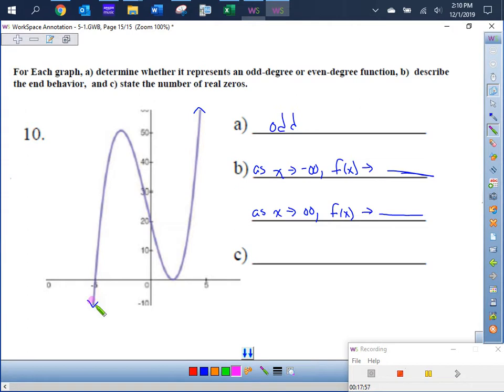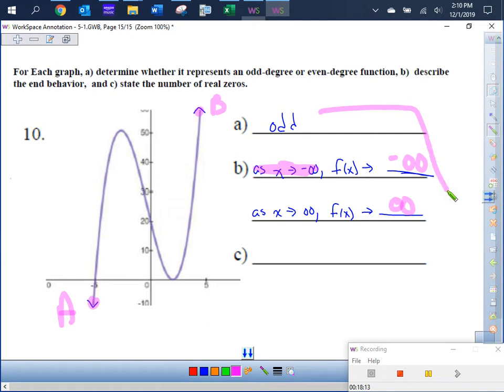End behavior, two ends, end A on the left and end B on the right. Where is the left end going? Down to negative infinity. Where is the right end going? Up to positive infinity. Those are going different places because this was an odd degree polynomial.